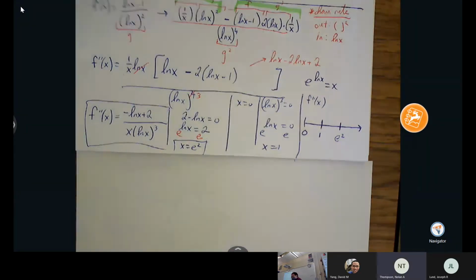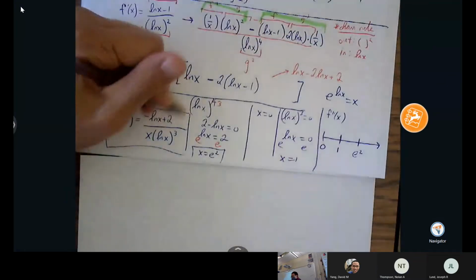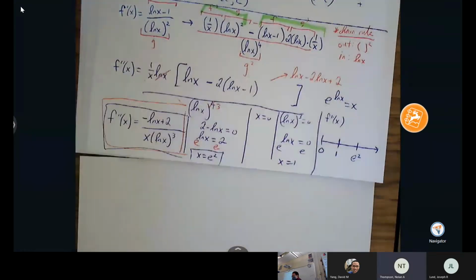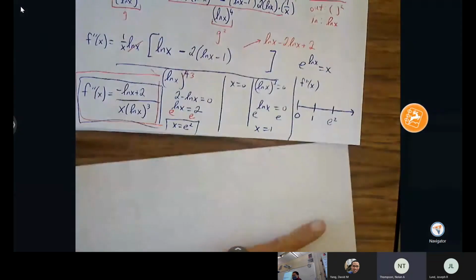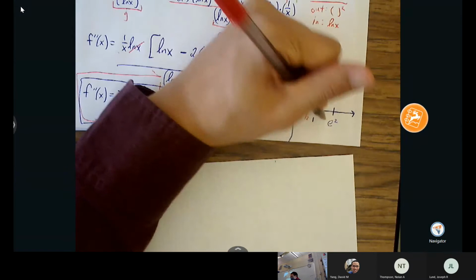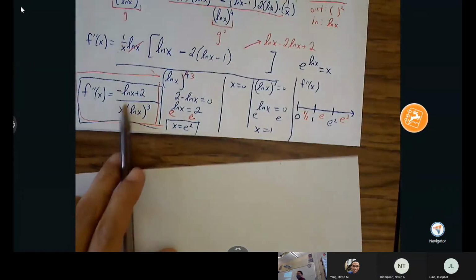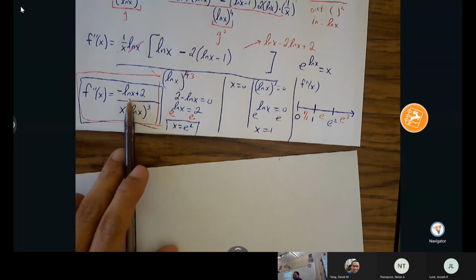We're going to choose values and put them into the second derivative function. So I'll choose 1/2, I'll choose e, and I'll choose e cubed, because those are values that will work out nicely and quickly without having to go through a calculator.